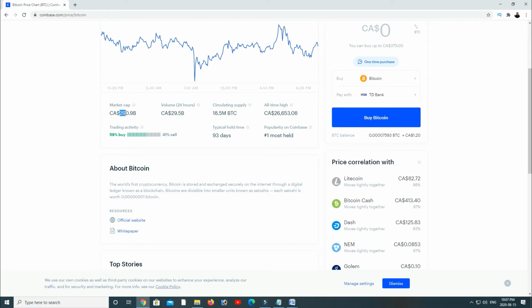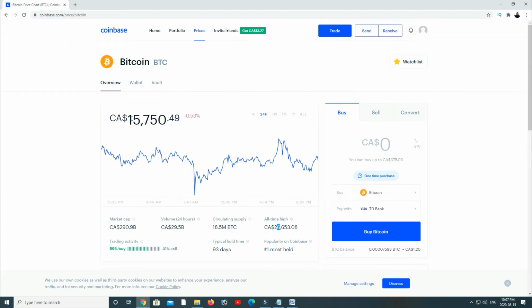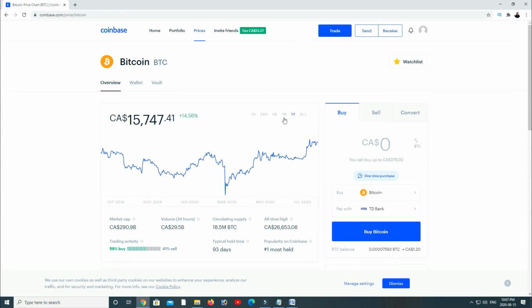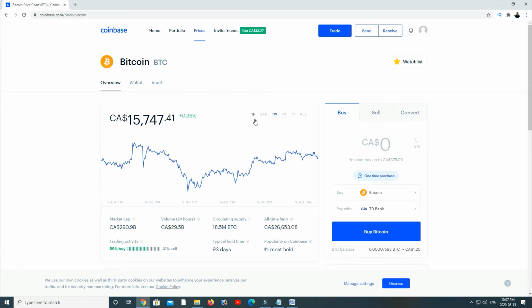It's very high, 290.9 billion US dollars, and the all-time high was 26,653 for Bitcoin. Now it is 15,000 and plus. Here you can see the graph for the last year, 1 month, 1 week, and 1 hour.